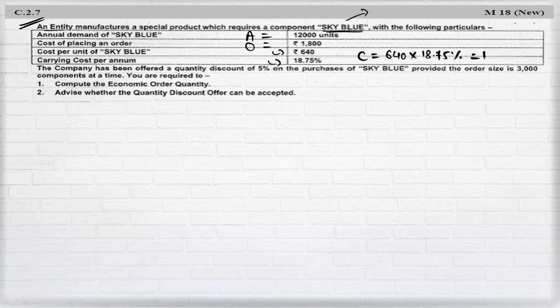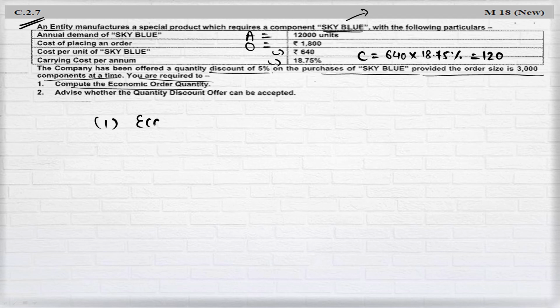That is 120. The company has been offered a quantity discount of 5% on the purchase of sky blue, provided the order is 3000 components at a time. You are required to compute EOQ.